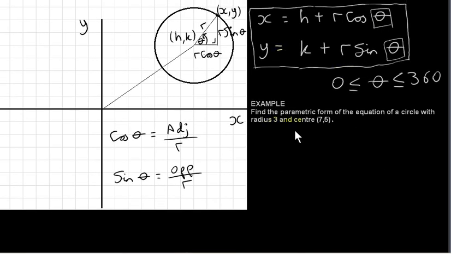Let's take an example. We want the parametric form of the equation of a circle with radius 3 and center (7, 5). Well, that's the circle in the diagram actually. So the radius of this circle is 3. The center (h, k) is (7, 5).